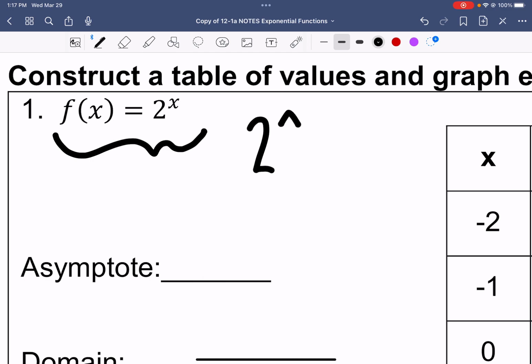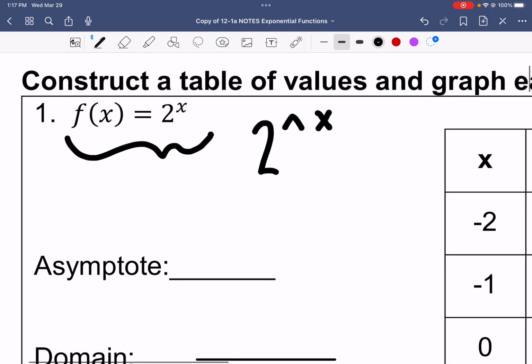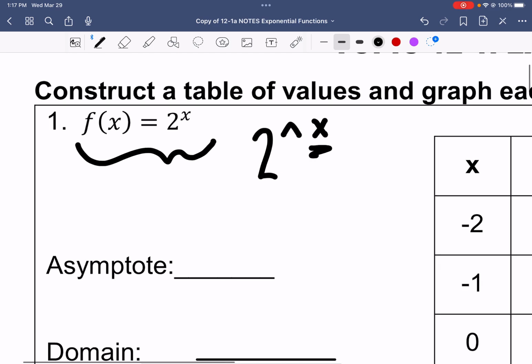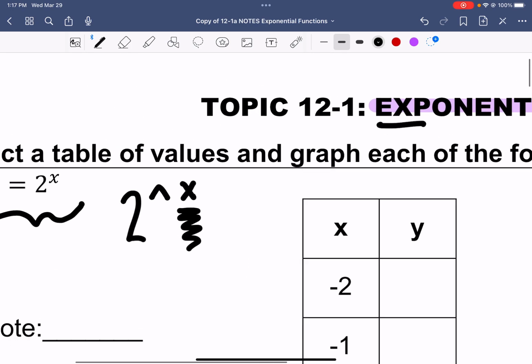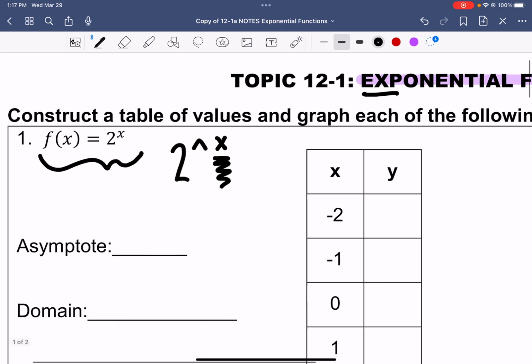It should be close to the number 4, on one of the buttons to the left of the number 4, and then you're going to press the x value, and it should make a little x up top. That's how we can tell it's an exponential, by the way: x is an exponent, hence why it's called an exponential. That's how I remember it.